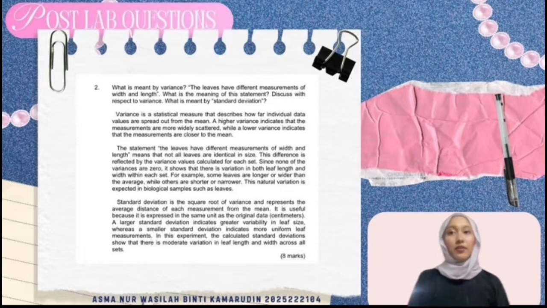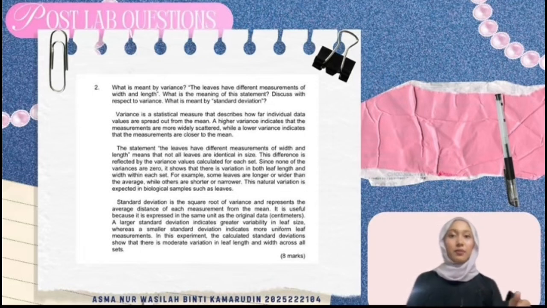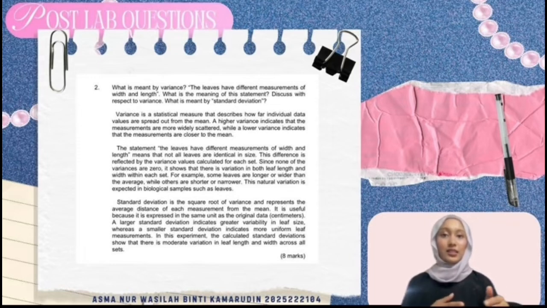Variance is a statistical measure that describes how far individual data values are spread out from the mean. A higher variance indicates that the measurements are more widely scattered, while a lower variance indicates that the measurements are closer to the mean. The statement that the leaves have different measurements of width and length means that not all leaves are identical in size.